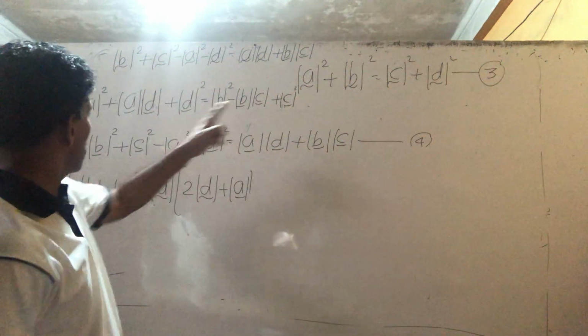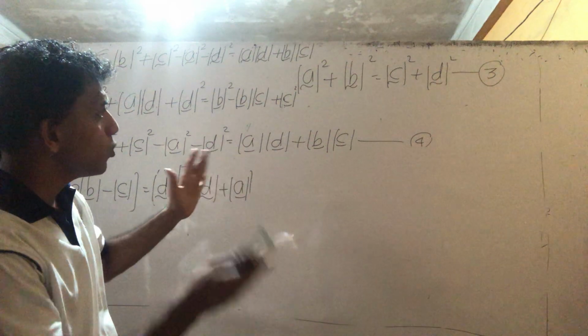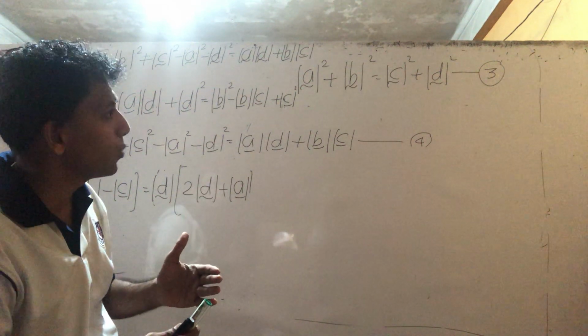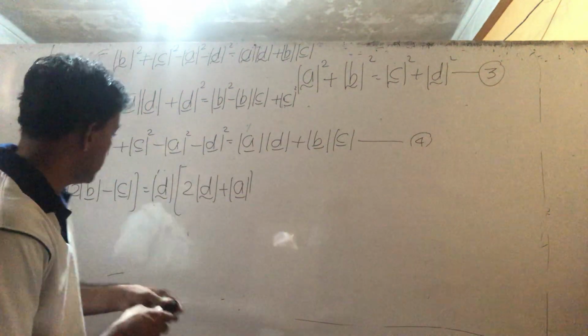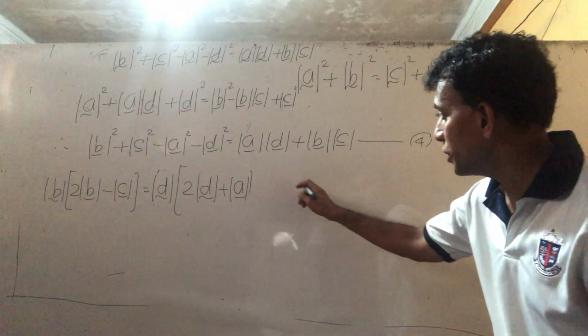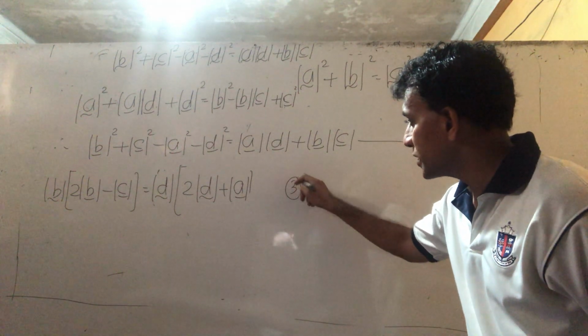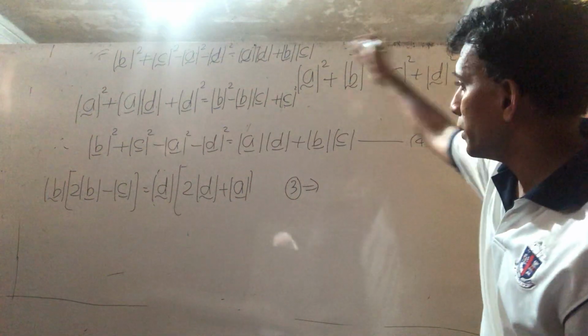If you remove the A square, B square here, you can get the answer. Or I write that number 3 again here. Rearrange the number 3, take that side on that side.